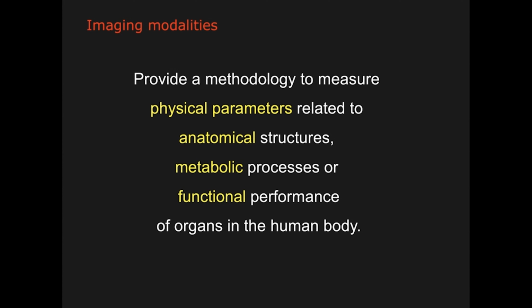So here are two important things. One is the physical parameter. We really have to understand the physics behind the measurement and what we are actually measuring. The second is how we translate this into the clinical or medical information that we want. It's in this translation that information is lost or gained.